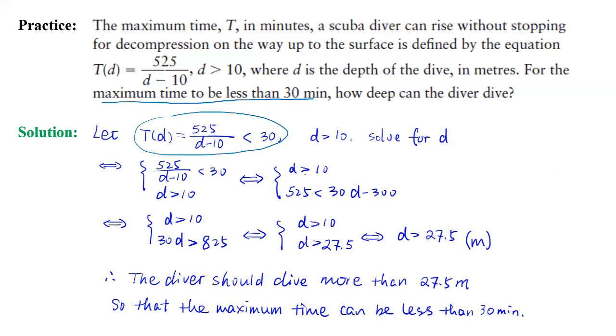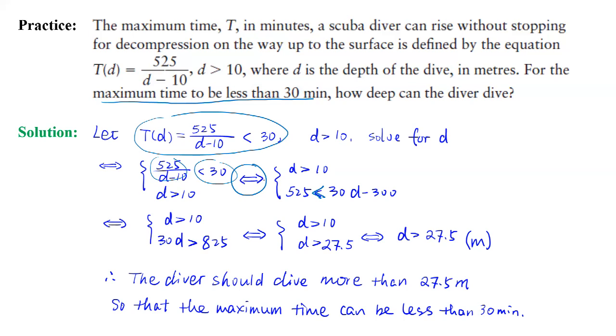If d is greater than 10, that means d minus 10 must be a positive number. So we can multiply both sides of the inequality by a positive number, and the direction of the inequality symbol does not change. So now we can use the equivalent sign here.